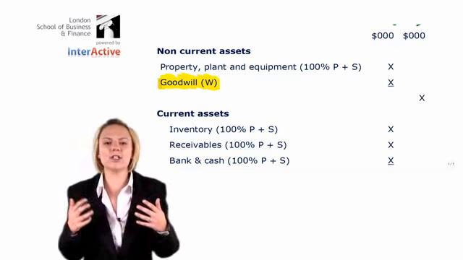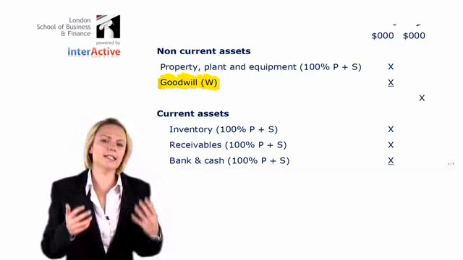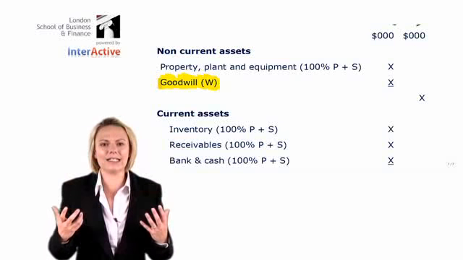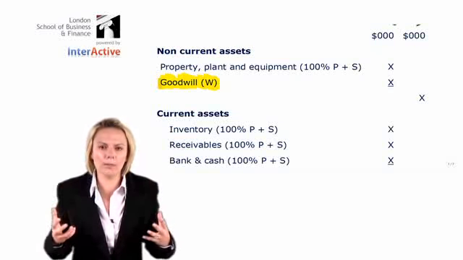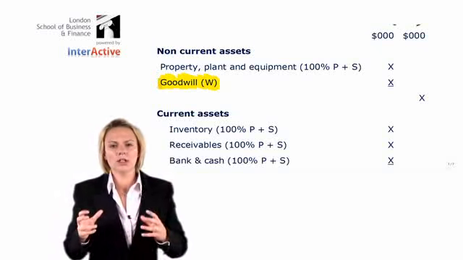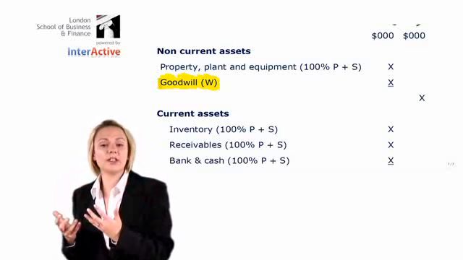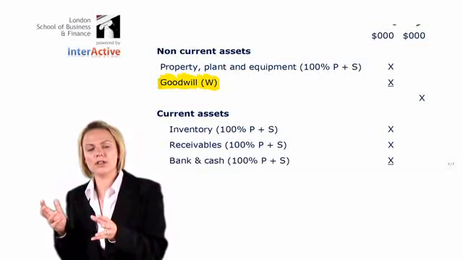Now, goodwill arises due to the excellence or reputation of a business. It's something that the business has that generates them income, but it's not tangible. You can't touch it. So it wouldn't be something that the subsidiary company would recognise themselves.